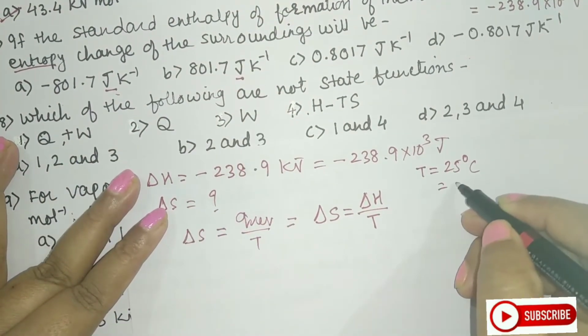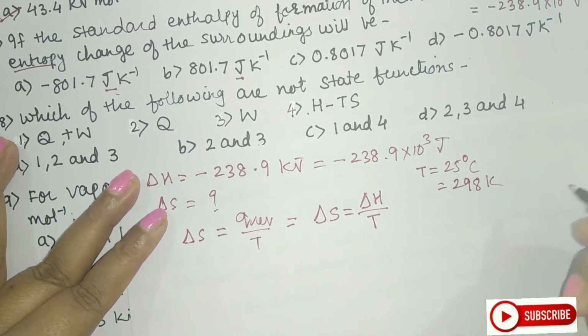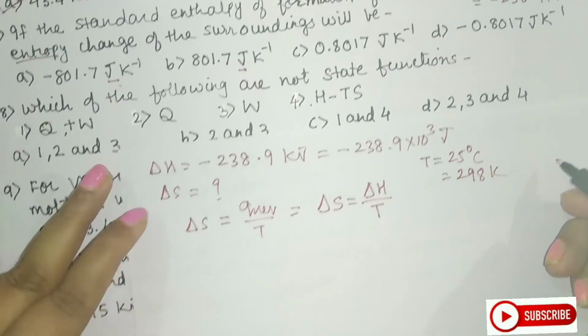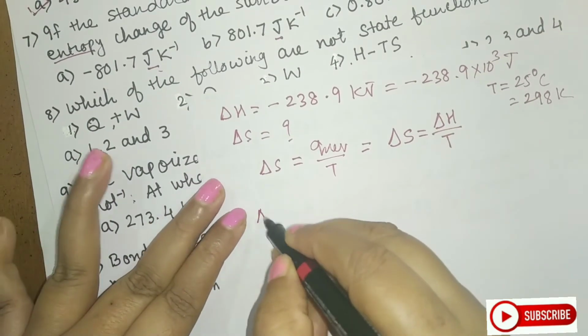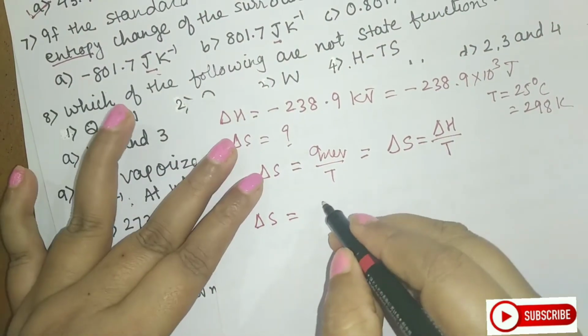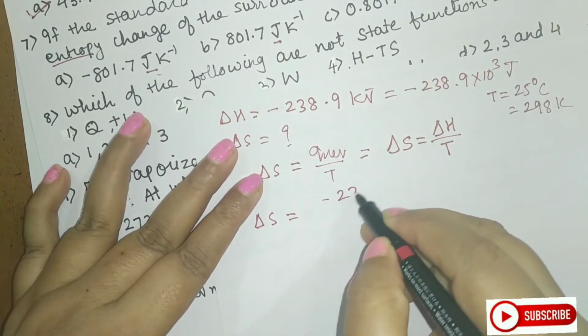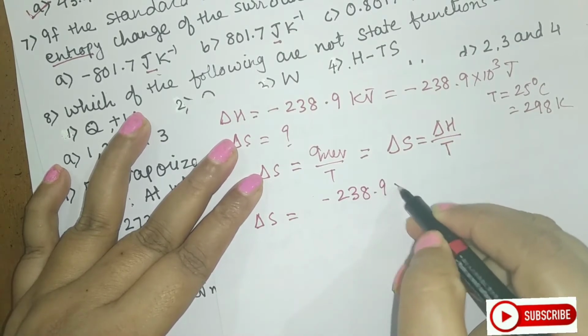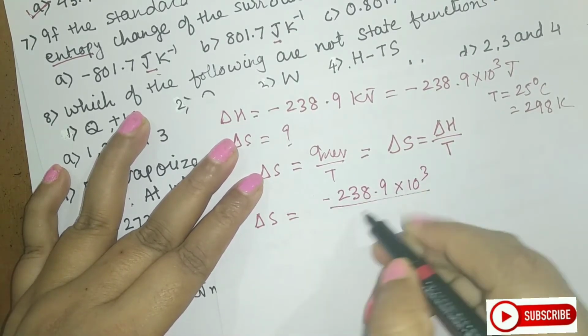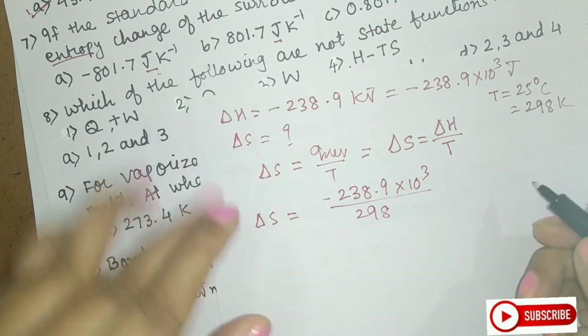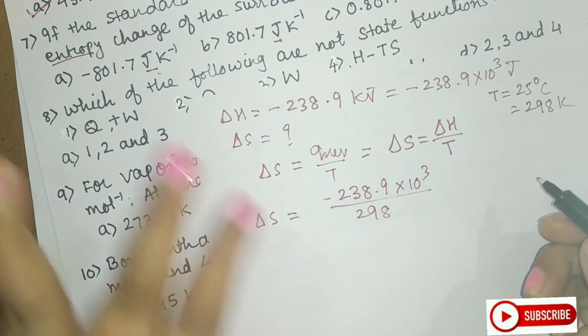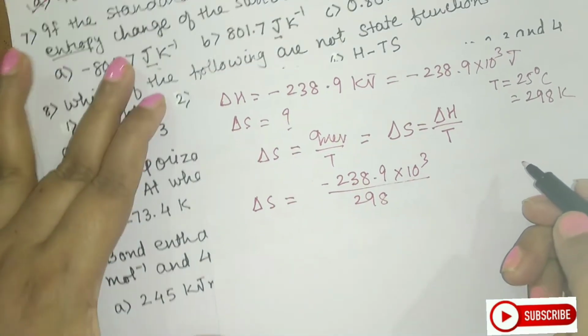So we usually use this as 298 Kelvin after adding 273 to it. So let us substitute now. So delta S is equal to minus 238.9 into 10 raised to 3 divided by 298.